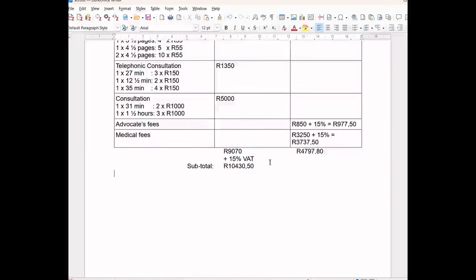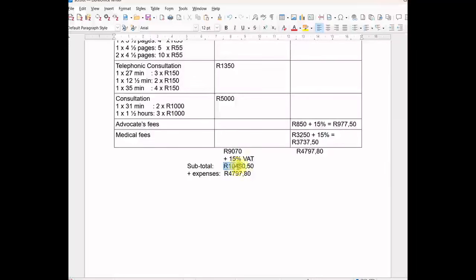So let's put all these onto a line item. Let's add in our expenses, so let's call it plus expenses. So what we're going to do here though is we're going to take this figure and put it with our figure over here so that we know exactly how much we're going to charge the client.